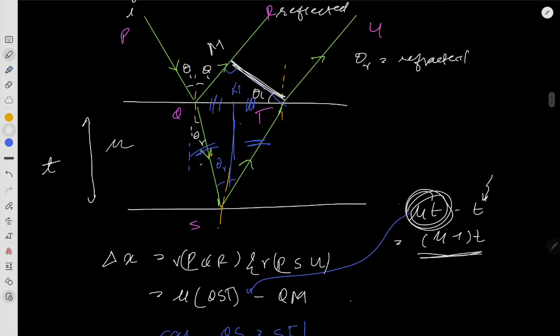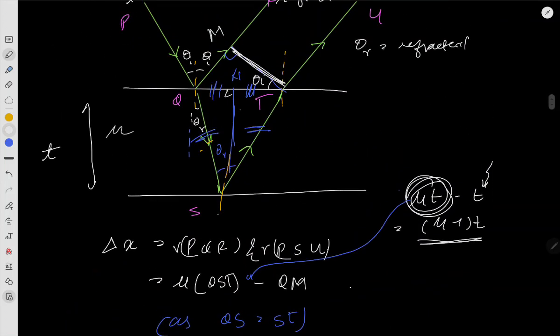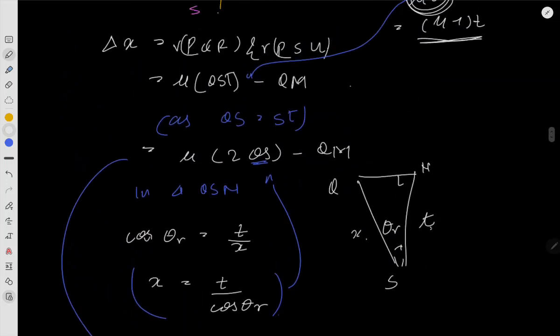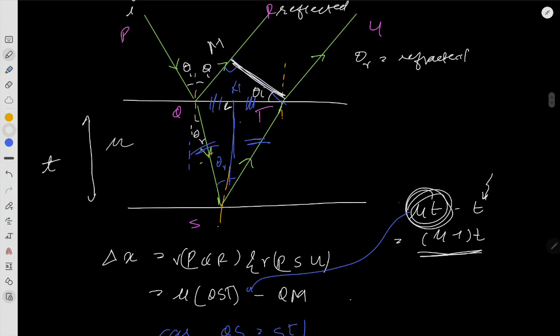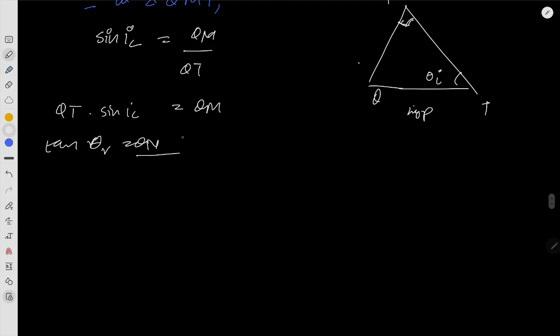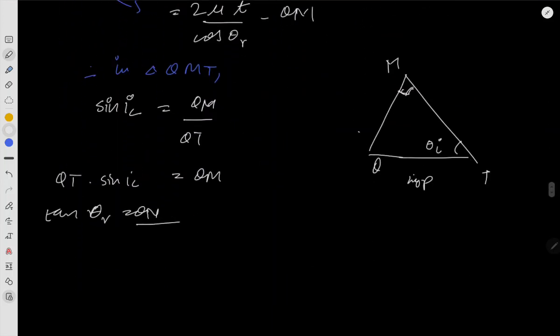So let us see in the triangle QSN what the QN stands in. It gives us in this triangle, if we use tan of theta r, it is equal to the opposite side, that is QN, upon the adjacent side, that is NS, that is equal to t.